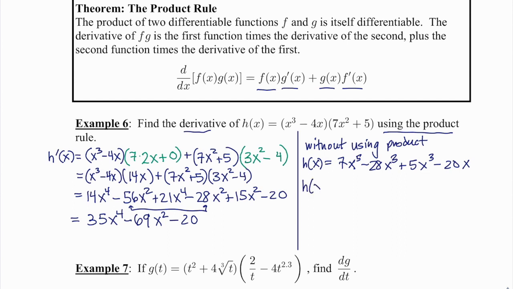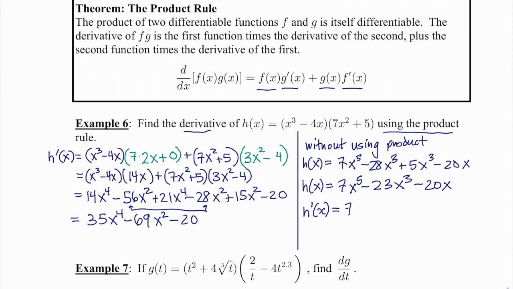So that's h of x equals 7x to the fifth minus 23x cubed minus 20x. Now we have h written in a form where we wouldn't need the product rule, so we can differentiate just using sum and difference rules and the constant multiple rule.